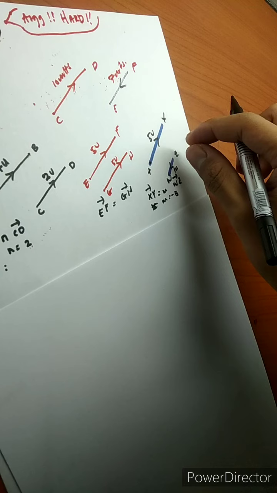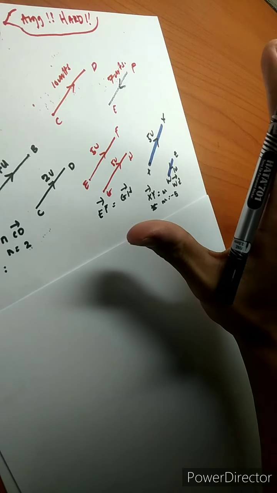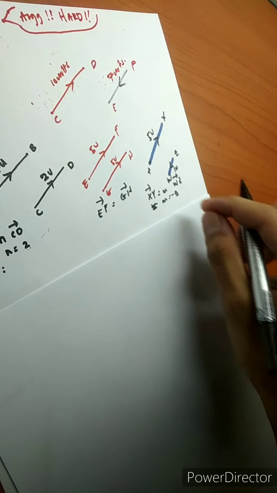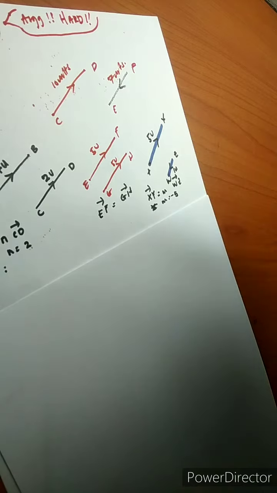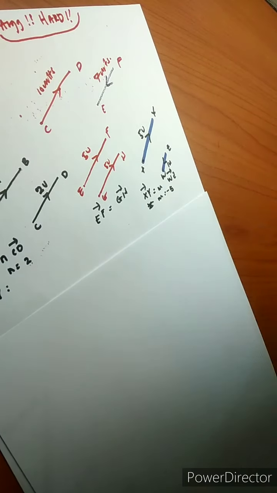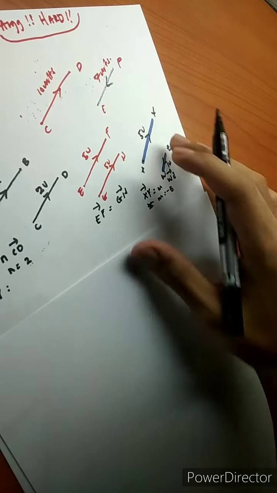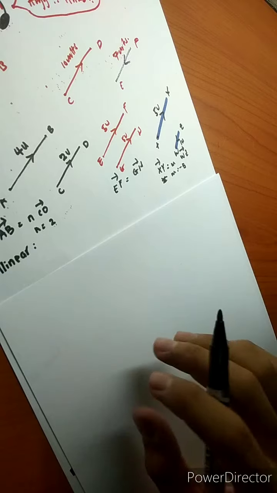Since XY is 5 times longer than WZ, m has a magnitude of 5. The negative indicates the direction. Remember that when they have different directions, we assign a negative sign.